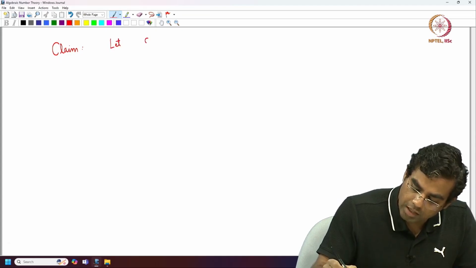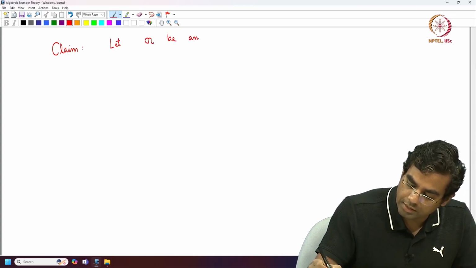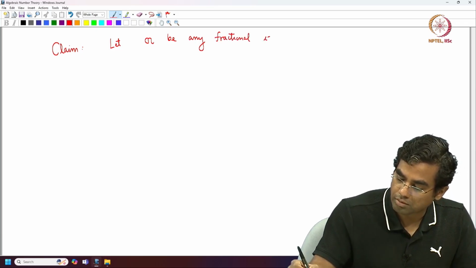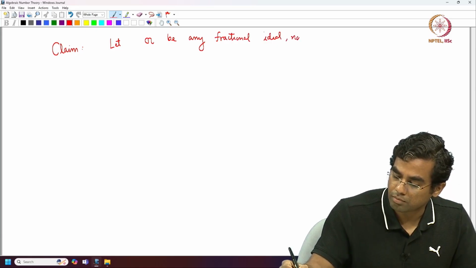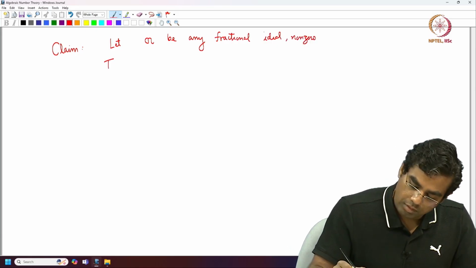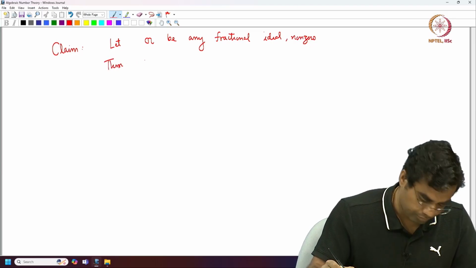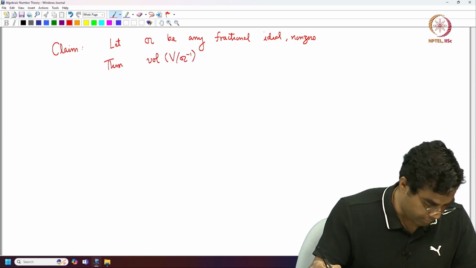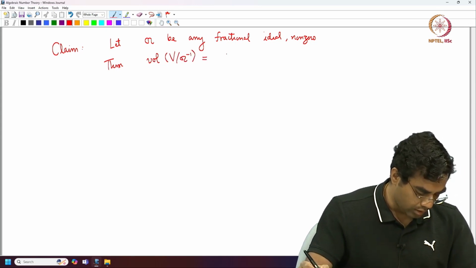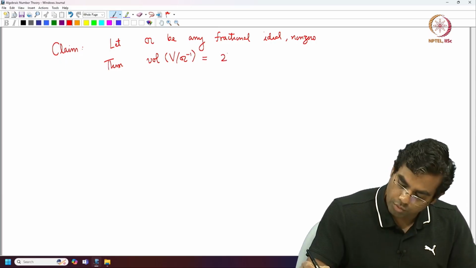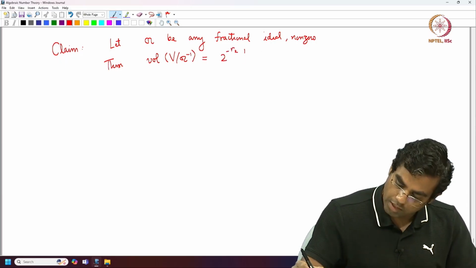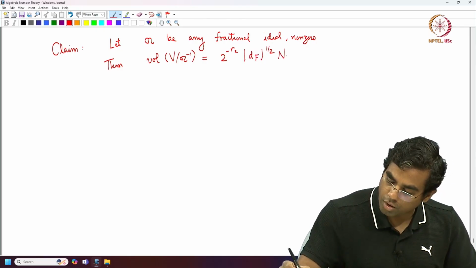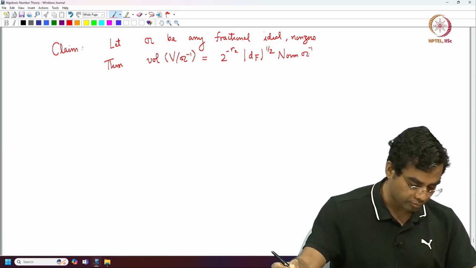Let A be any non-zero fractional ideal, then the volume of the set is equal to 2 to the minus r_2, times the discriminant of F to the power half, times the norm of A inverse.